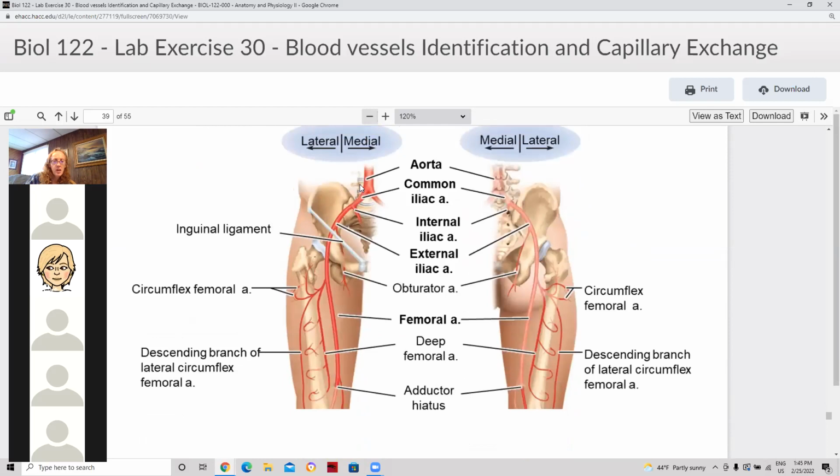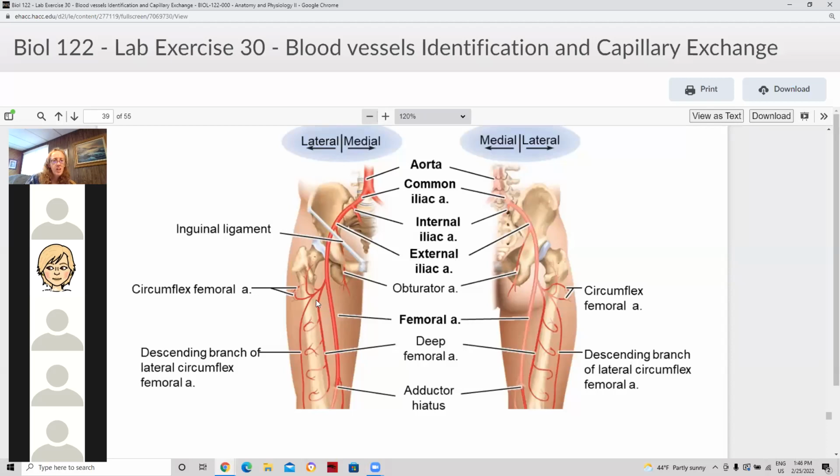Arteries of the upper leg, the aorta, the common iliac artery, the internal iliac artery, and the external iliac artery, which is going to become the femoral artery.